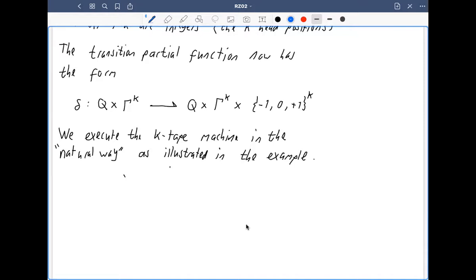Okay. So that's the notion of a K-tape Turing machine. What I want to end with today is one or two of the most important definitions from the course, because now we've got the mathematical basis for defining them.